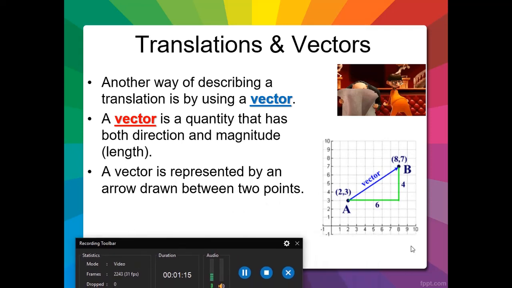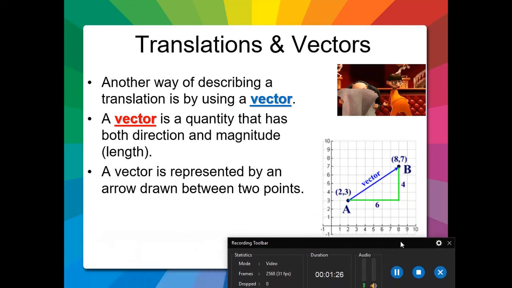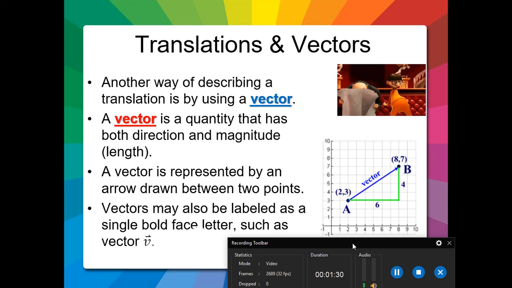So in my diagram, if I'm moving from point A to point B, I simply drew a straight line directional arrow telling me where I started and where I ended up. We can also represent or label our vector using a single letter, and it has a little half of an arrow above it.